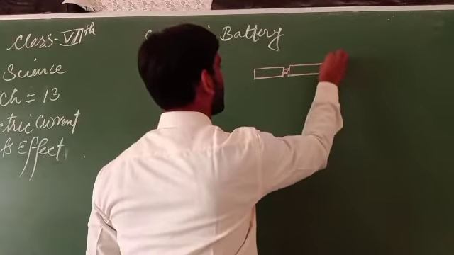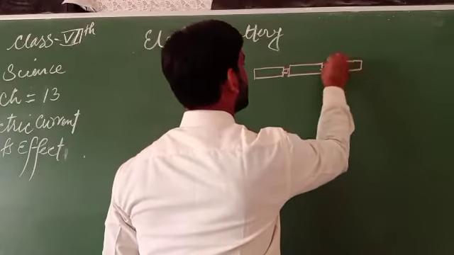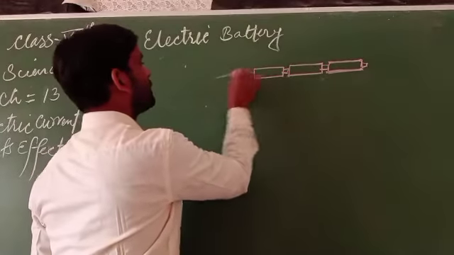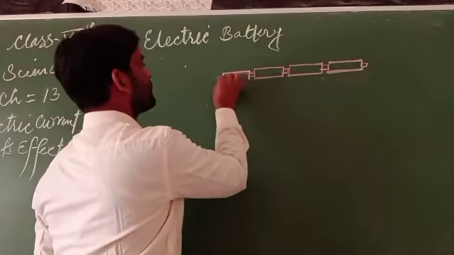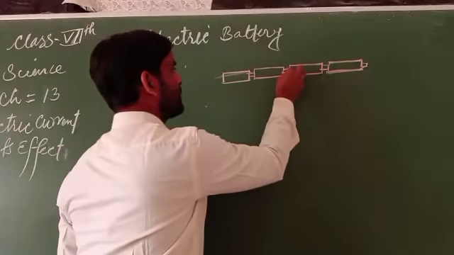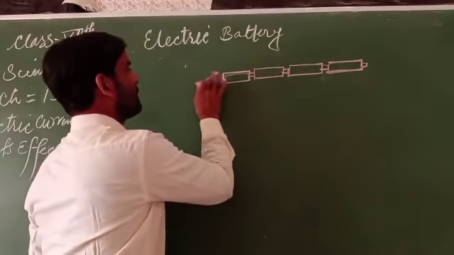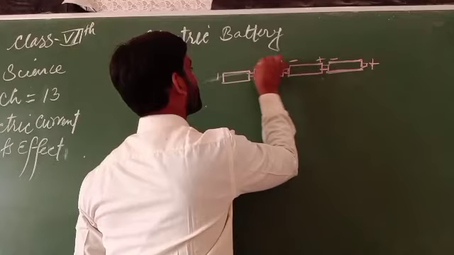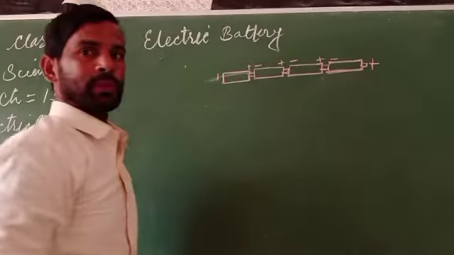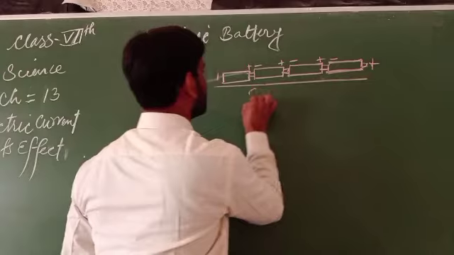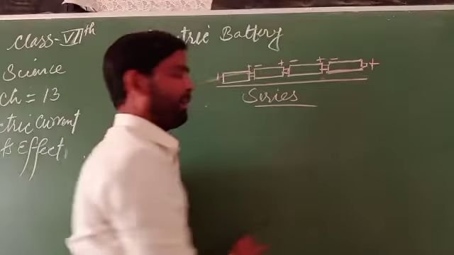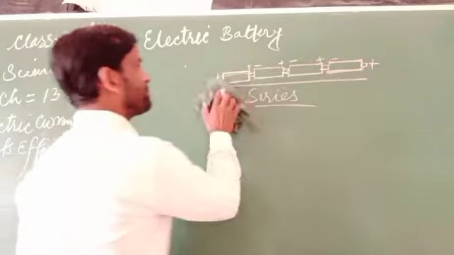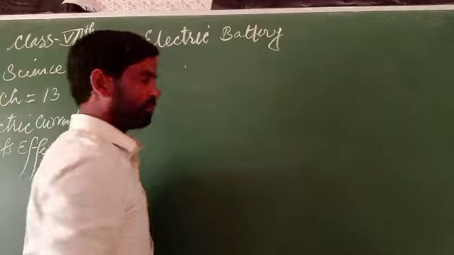In a series, a negative terminal is followed by a positive, then negative, positive, negative, positive, in this sequence. This is called a series of batteries.